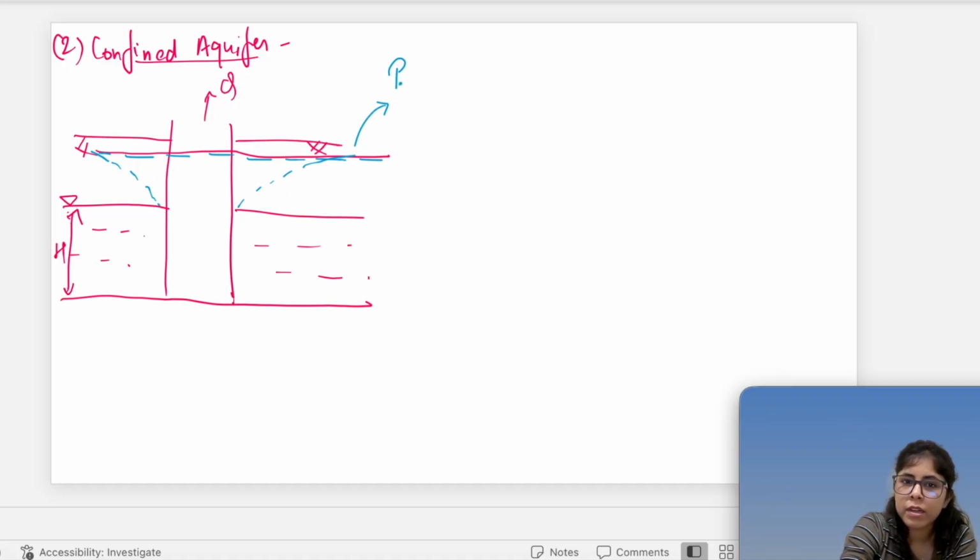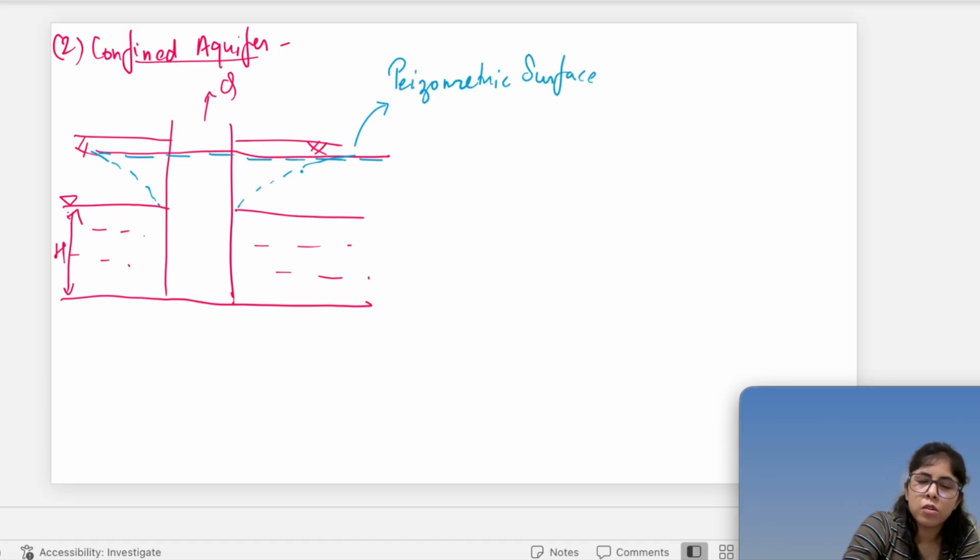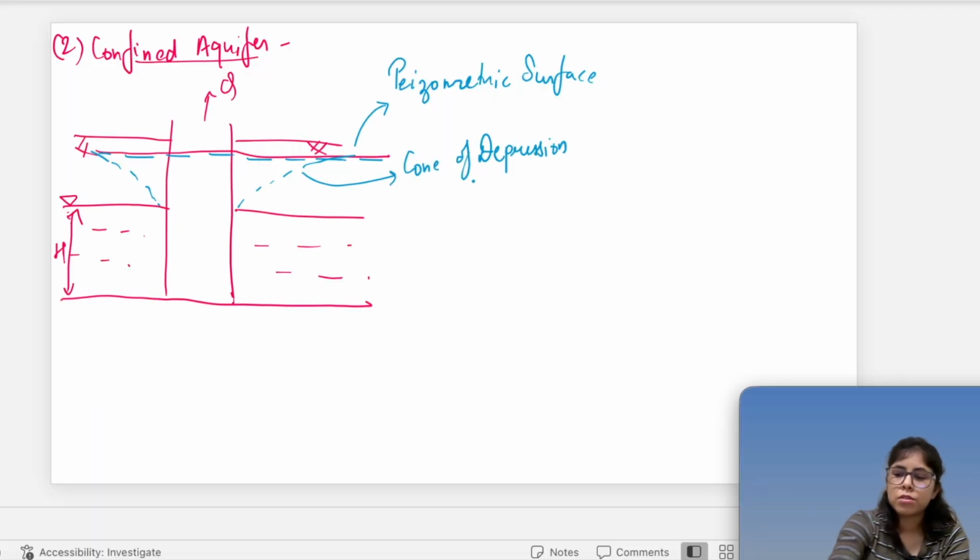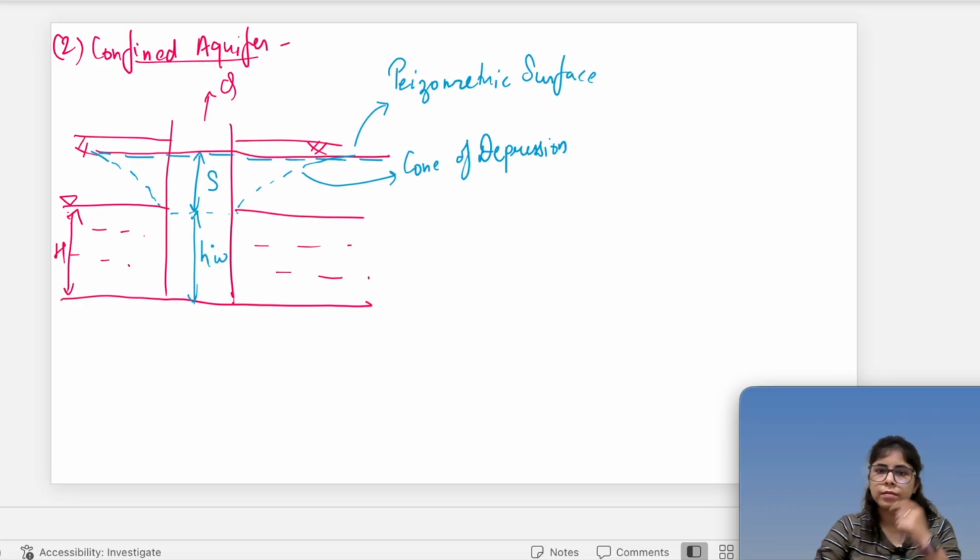There will be piezometric surface, and after drawdown there will become one cone of depression, right? So if this is cone of depression, and this is the drawdown, right? And this is height of water in the well, all right?